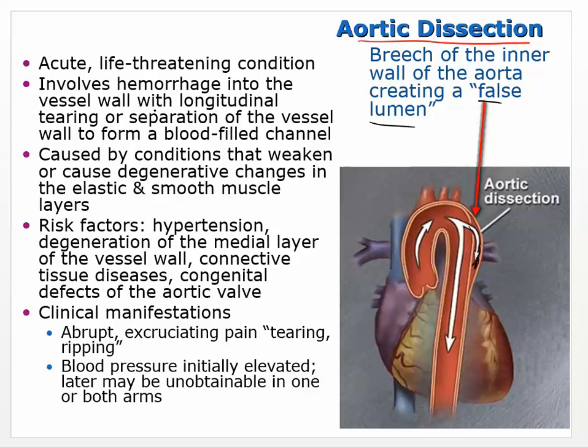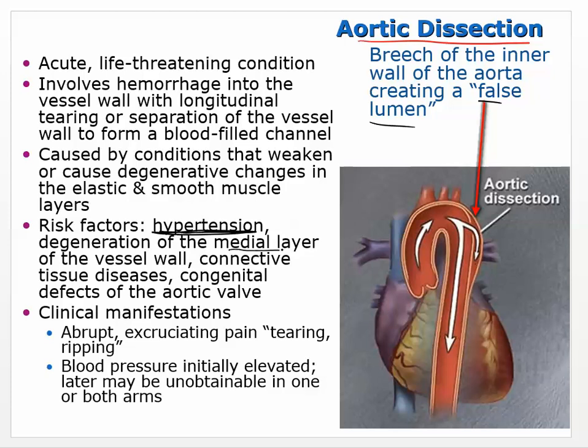Involves hemorrhage into the vessel wall with longitudinal tearing or separation of the vessel wall to form a blood-filled channel here. That's what we see here. Okay, caused by conditions that weaken or cause degenerative changes in the elastic and smooth muscle layers. Risk factors: hypertension, so high blood pressure when blood is pushing through there and there's a lot of resistance.